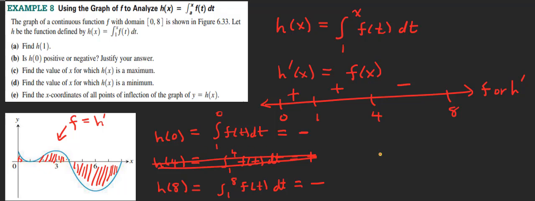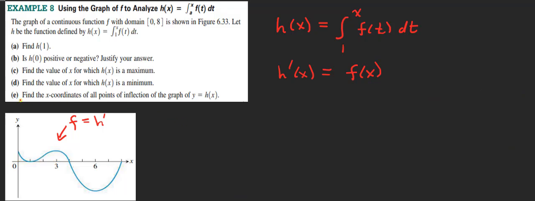So if you have a graph of h, it will look something like this. It's going to increase less than it decreases. So therefore, the minimum will occur at the right endpoint, not the left endpoint. So we know that the minimum occurs when x equals 8. And this was a sketch of h.